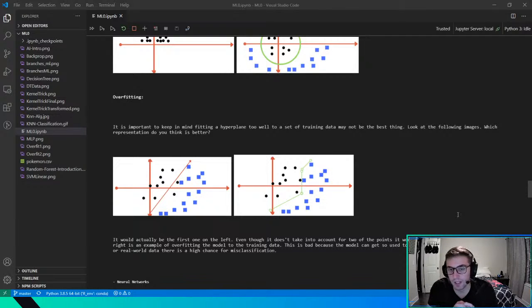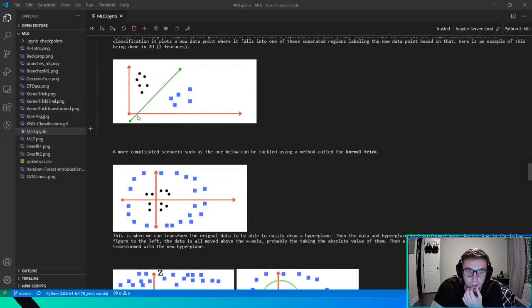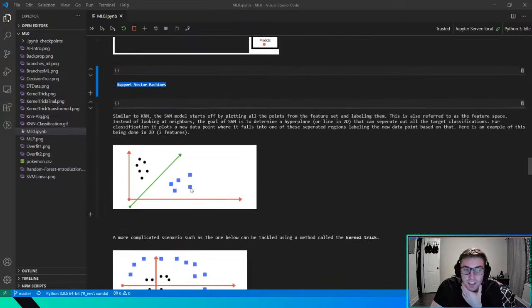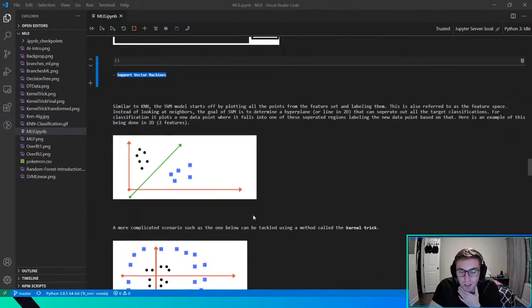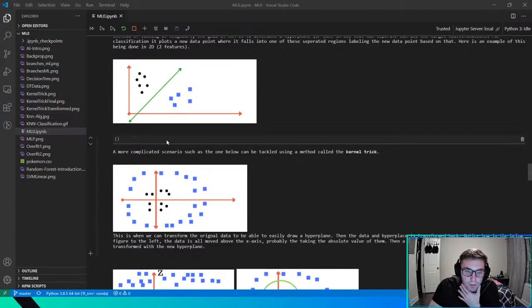For example, we can use SVM. Say your bias is that the data has to be linearly separable, and you're using no kernel tricks, but it should maybe be polynomial. Maybe this line should be curvy.